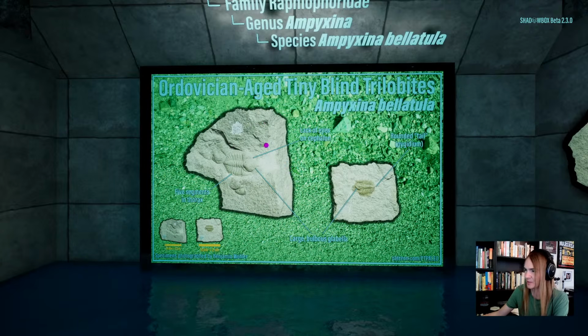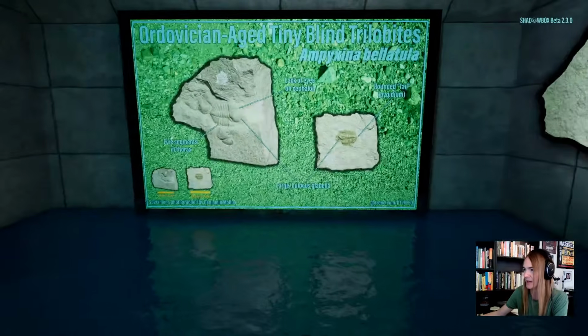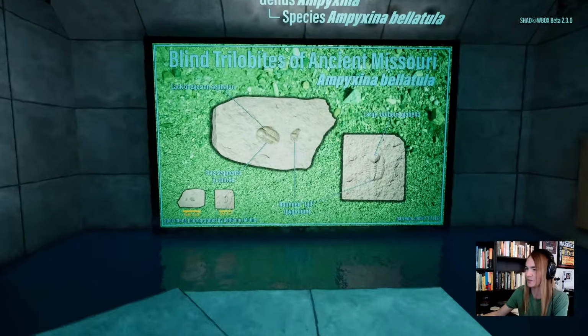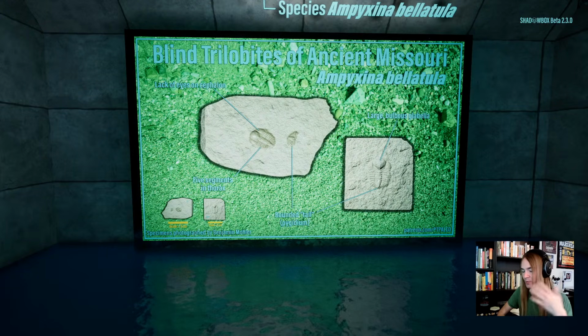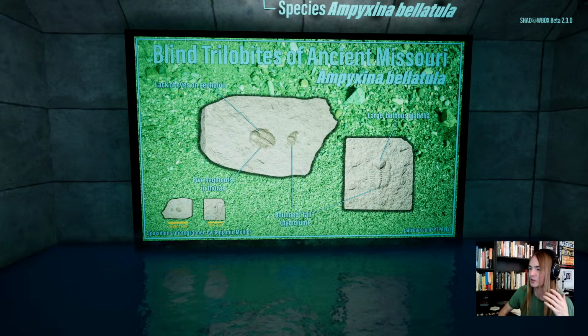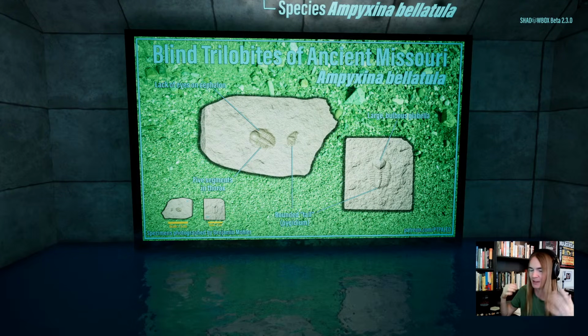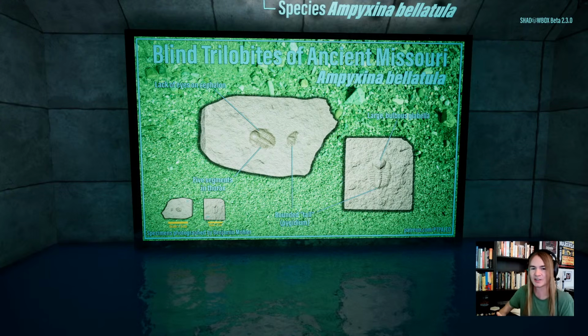Between looking at the sedimentology, so what you can learn about the depositional environment, the energy of wave action and that kind of thing, the depth of the habitat these animals were living in, it would appear that ampyxena was living in a marine habitat where there was so much murkiness.